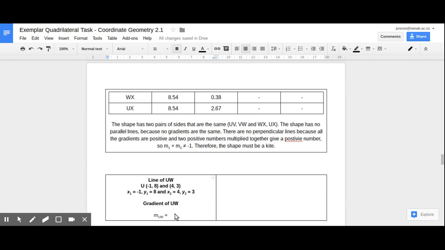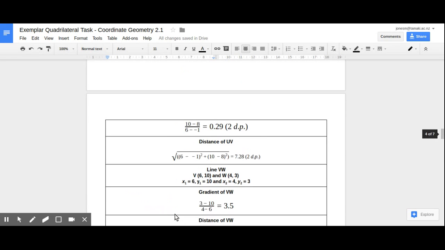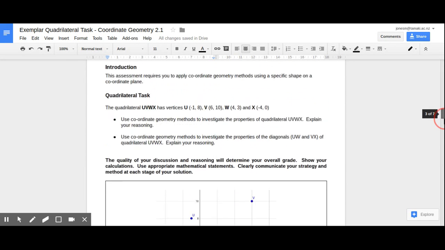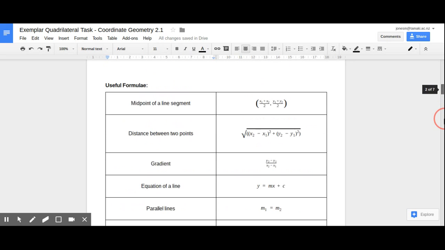Okay, so gradient of UW. Copy the gradient formula again.